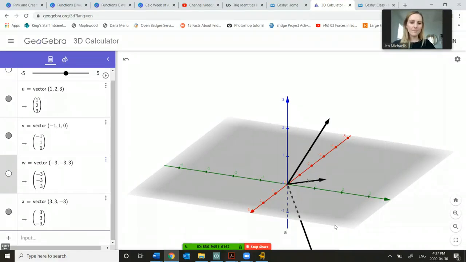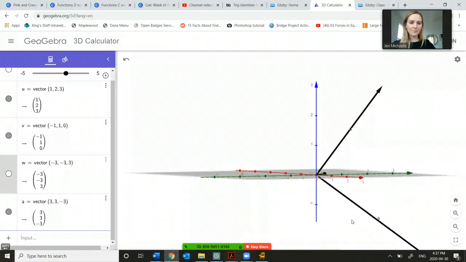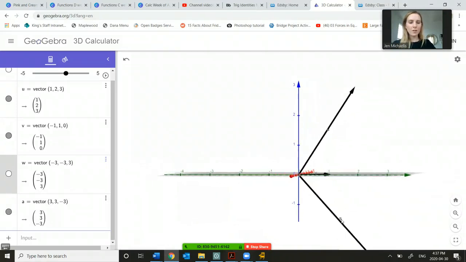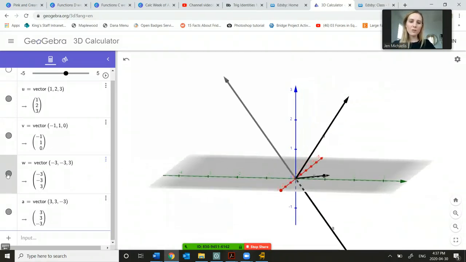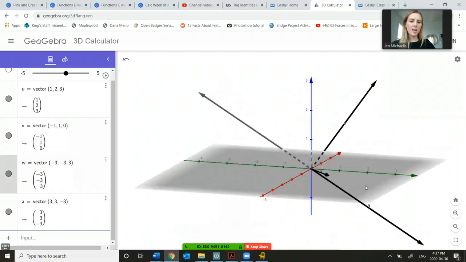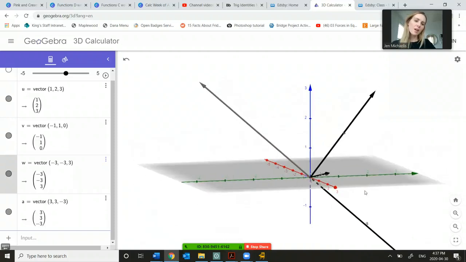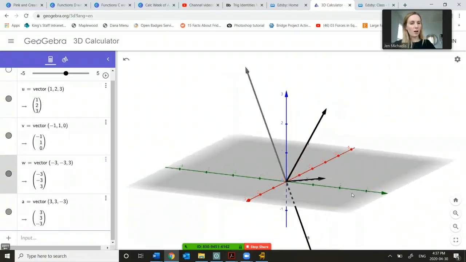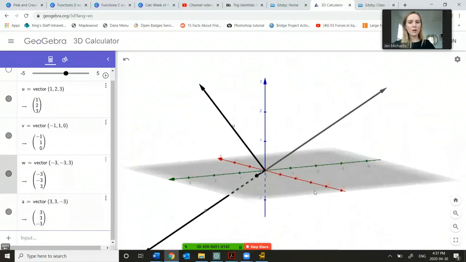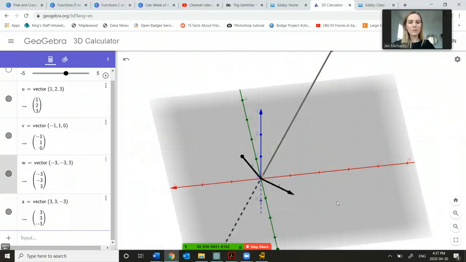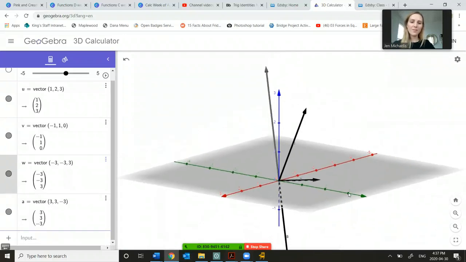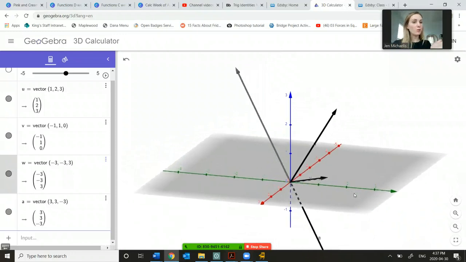So let's take a look. And there it is. If I show you both of these vectors at the same time, you're going to see that they're collinear vectors. They simply go in the opposite direction. So both of these are perpendicular to both vectors u and v, and they simply go in opposite directions.